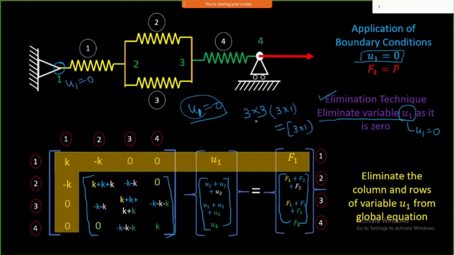So this is the stiffness matrix, and this is the force vector. This is one way by which we can do an elimination approach. Now we can use this 3 by 3 matrix for further solution, by Gauss elimination or the Gauss-Seidel method. That is what we follow further. This is one step.